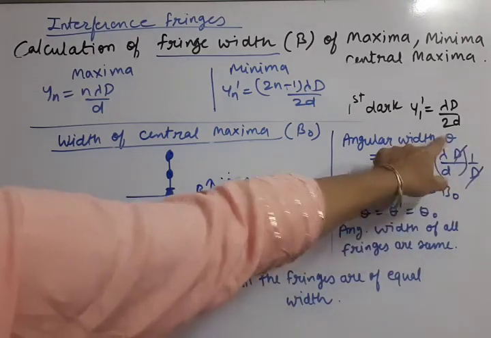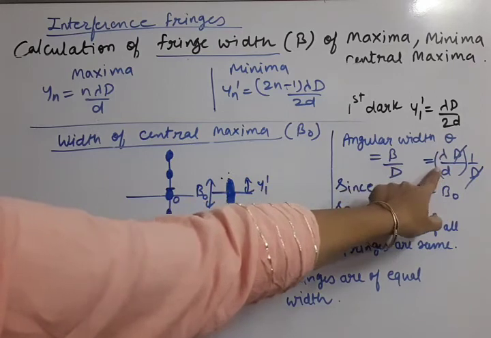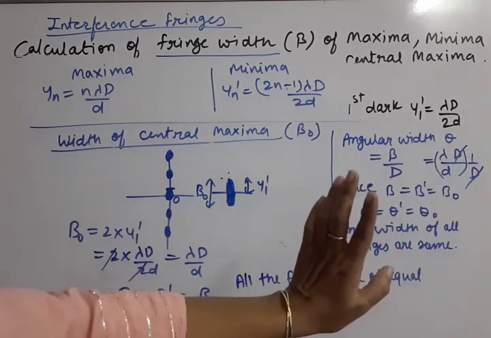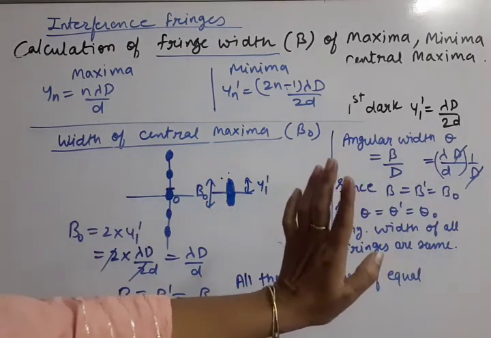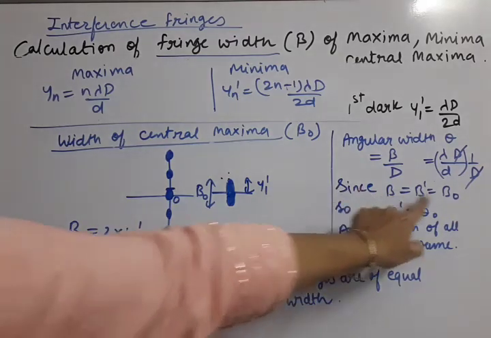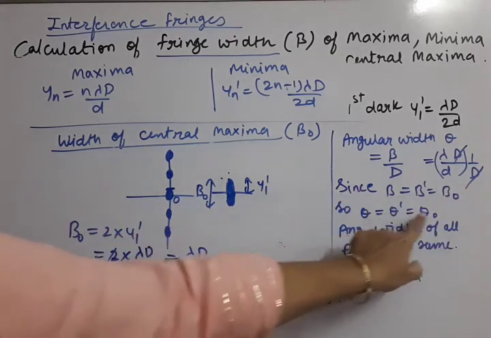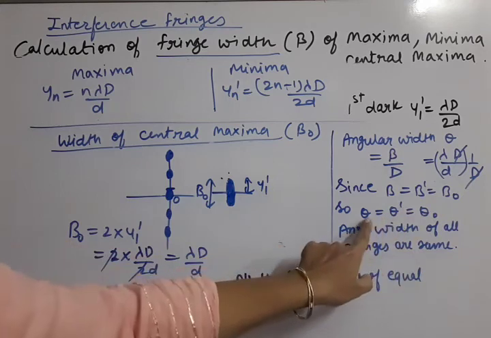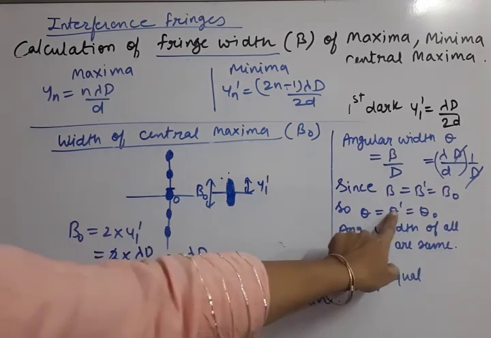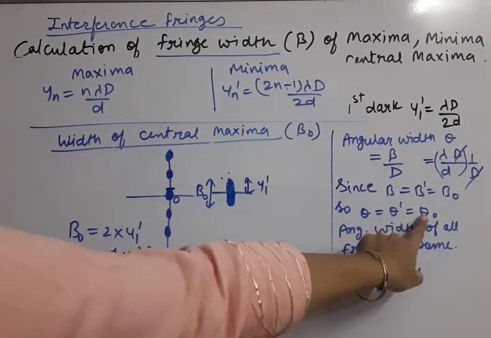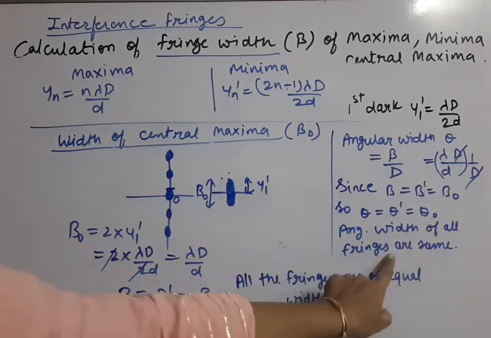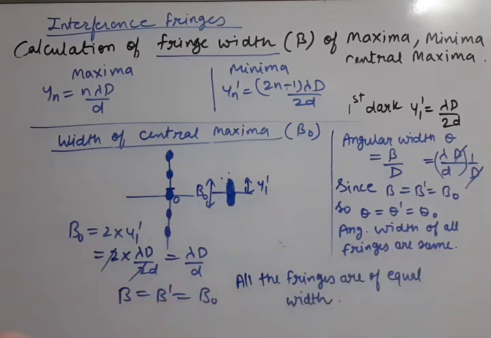That means the theta formula is only lambda by small d. It does not depend upon capital D, remember. And since all the betas are same, so all the thetas are also same. Thetas means angular width of maxima, angular width of minima and angular width of central maxima. So all the fringes' angular widths are also same. And the dependence part also you write down.